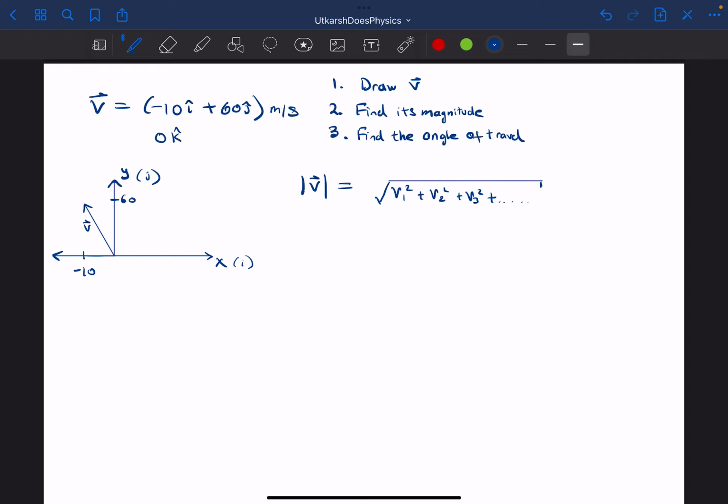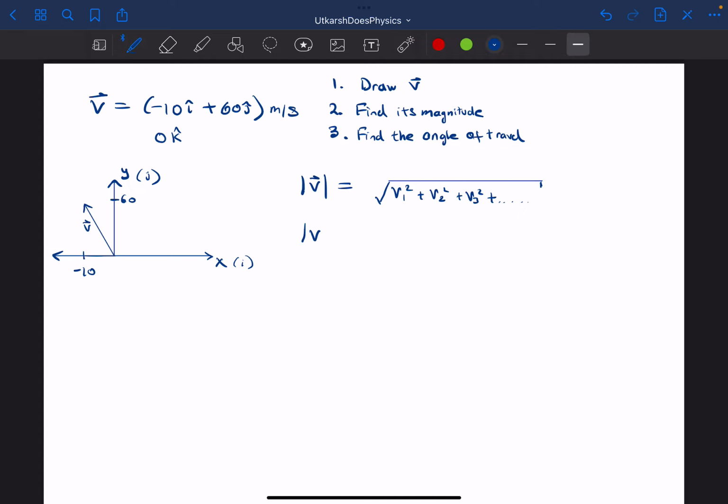So we're basically going to do exactly that. And we know that v1 is our x direction, v2 is our j direction, and v3 is our z direction.